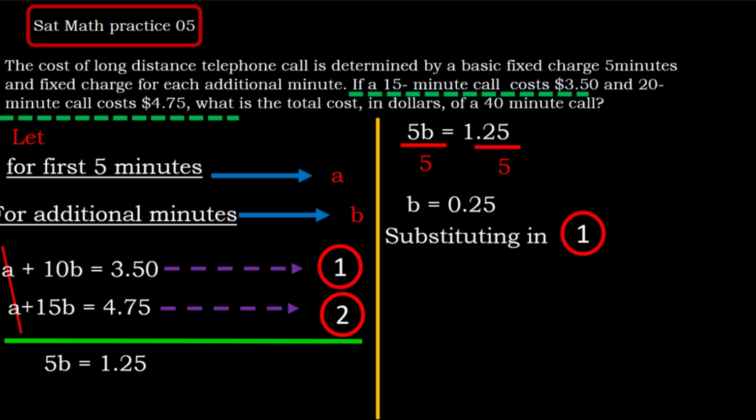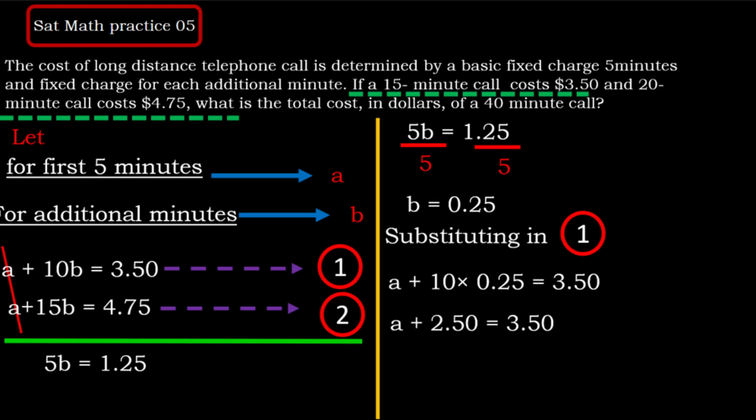0.25. To find the value of A, you can substitute in equation number 1 or number 2, as you like. Now we will take equation number 1: A plus 10 times 0.25, the value of B, equals 3.50.